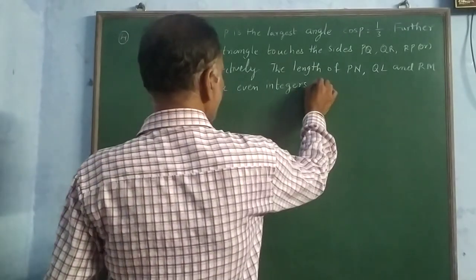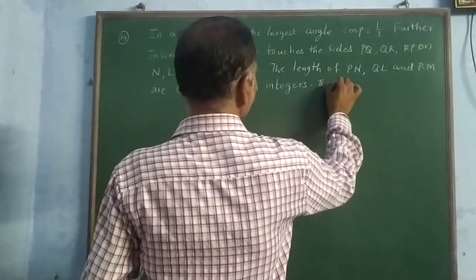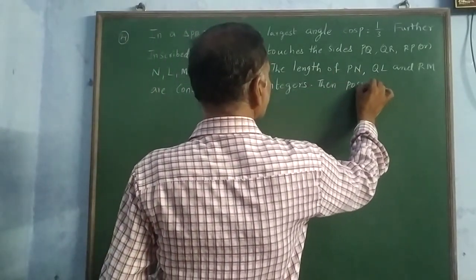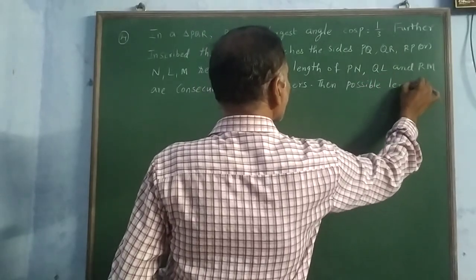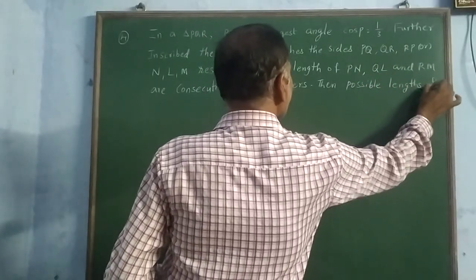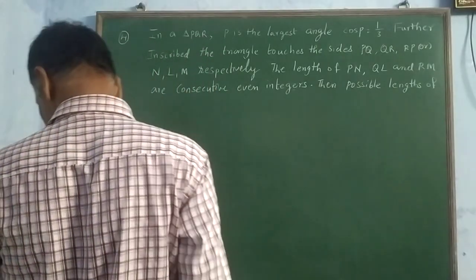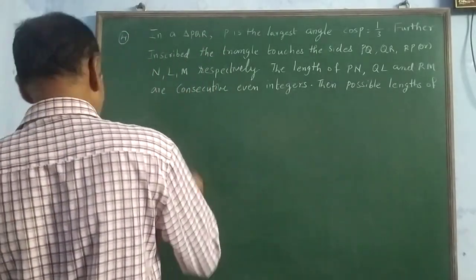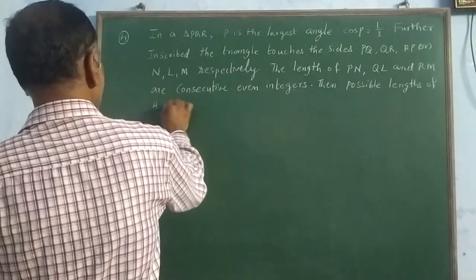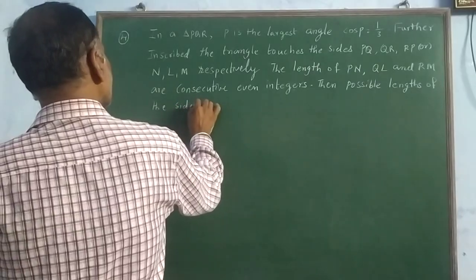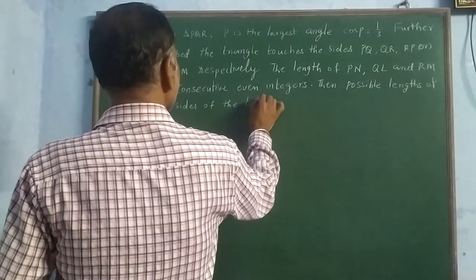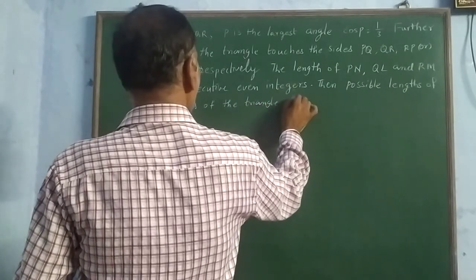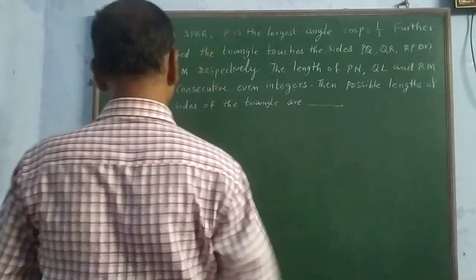Then the possible lengths of the sides of the triangle are dash.